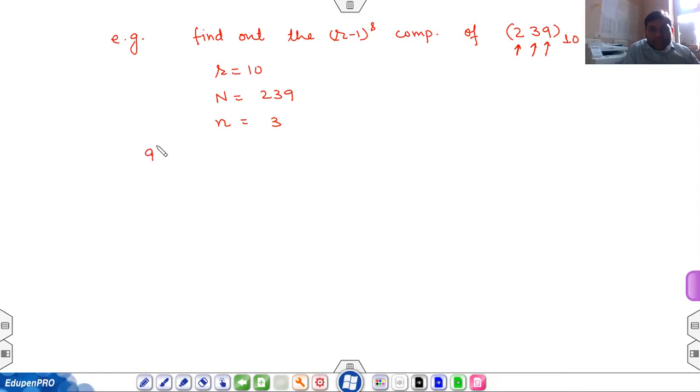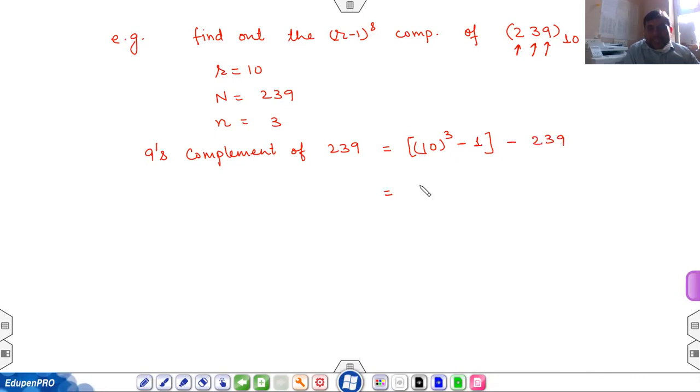So the 9's complement, R minus 1, meaning now R is 10, so 10 minus 1 is 9. The 9's complement of 239 will be R to the power n, so 10 to the power 3, minus 1, and minus N, where N is 239.